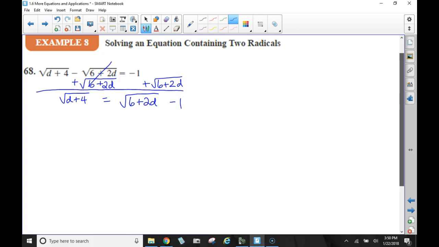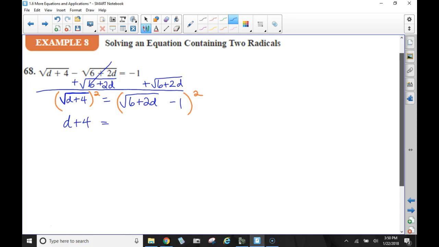Okay, now we're ready to get rid of this radical on the left-hand side by squaring both sides. We've got to square the entire side over here. Don't forget that. So now, when we square the square root of d plus 4, that just leaves us with d plus 4 on the left-hand side. Got rid of that radical.